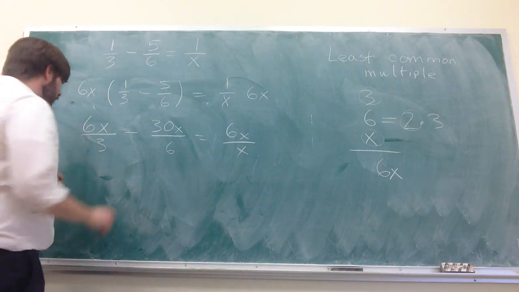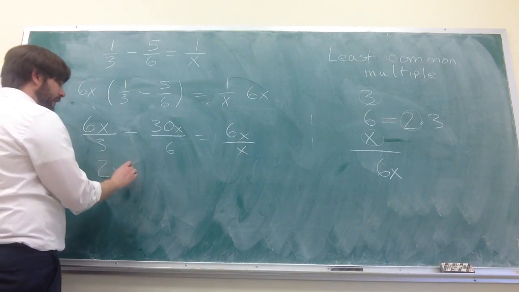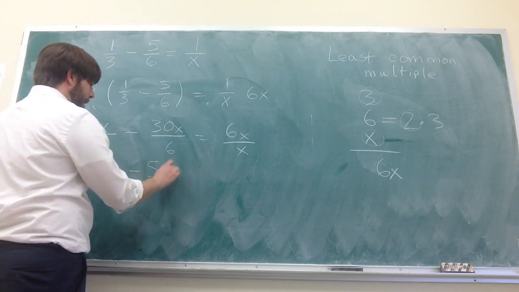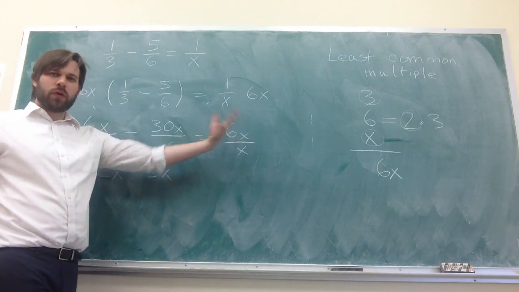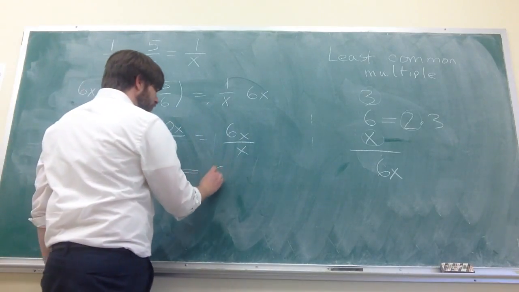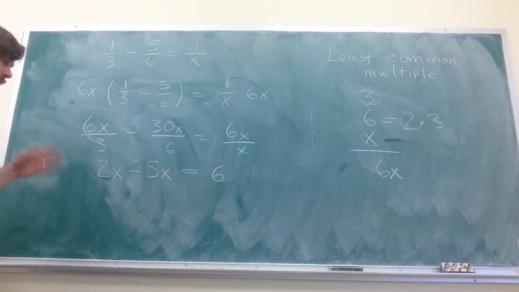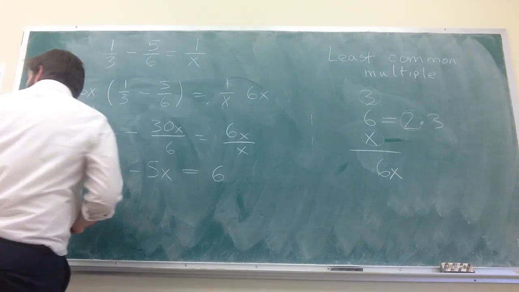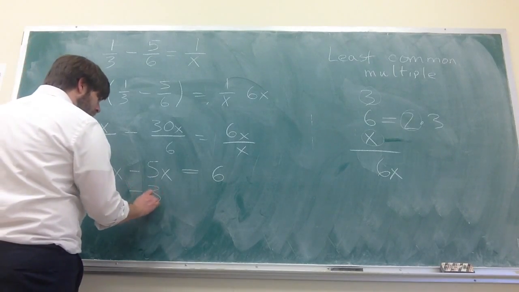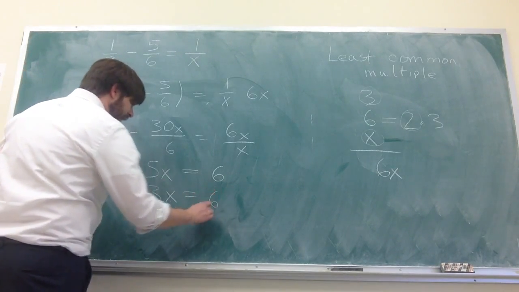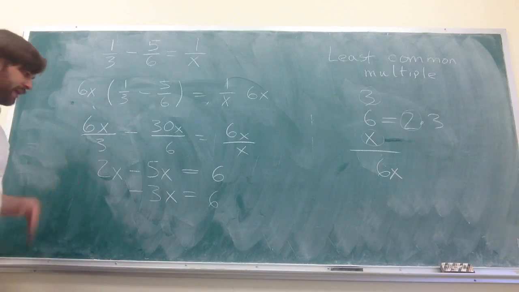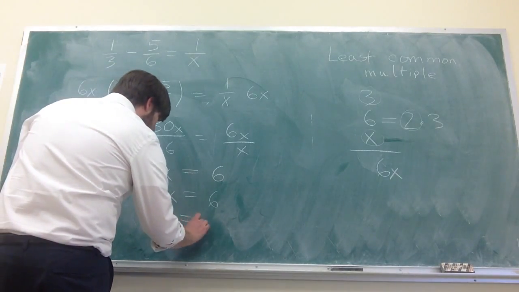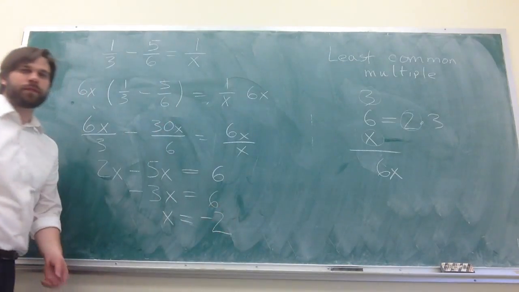And over here, we'll get 2x, and then we'll get minus 5x. And then we're going to cancel the x's here. We're just going to have to be careful at the end, and I'll get back to that in a second. So if we subtract these two combining like terms, we get negative 3x equals 6. So to get x by itself, we get x equals negative 2.